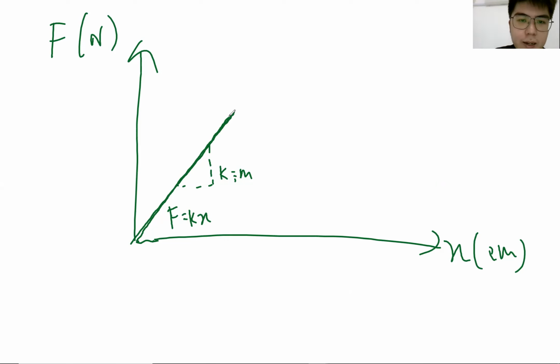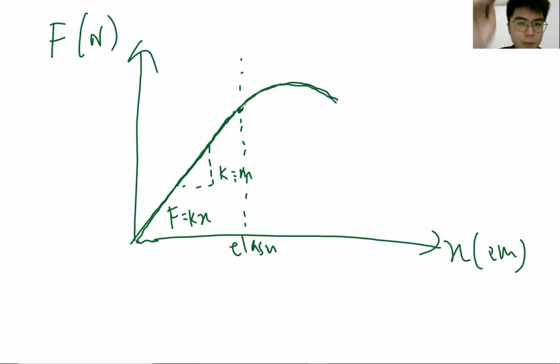If I keep on extending until one point, we call it the elastic limit. Beyond this elastic limit is where the plastic region occurs. It is curved down a bit, like a dome shape, and after that, eventually it will reach the final one, which is the breaking point.